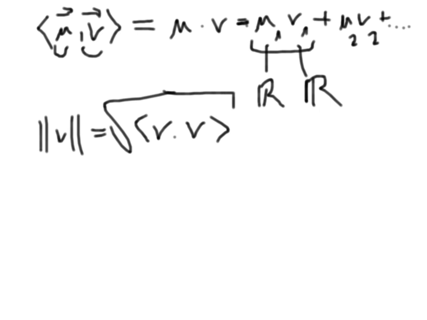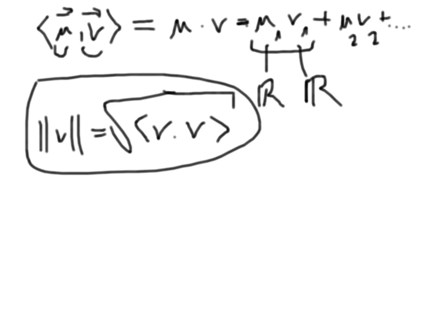Now what's this? Well, you know that when you have the inner product between two vectors, what we are doing is the product of one vector by the projection of the other vector on the first vector.